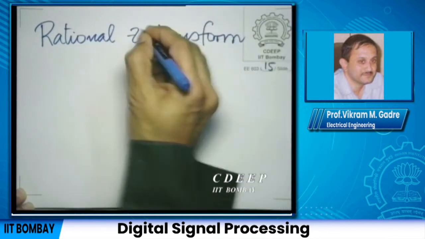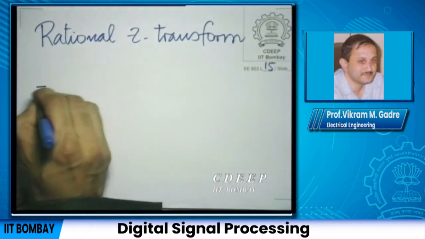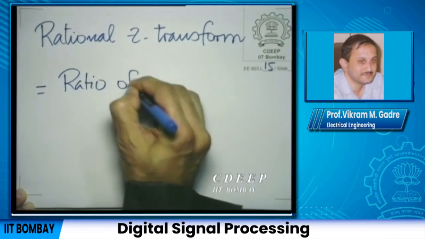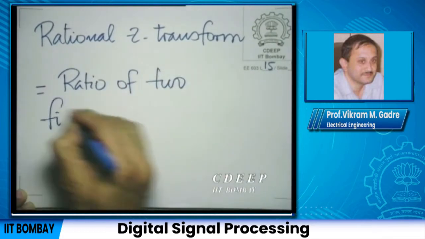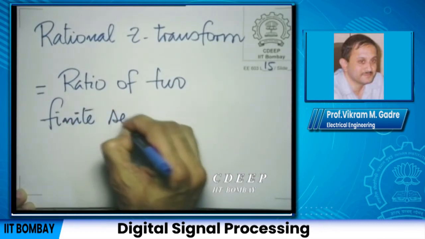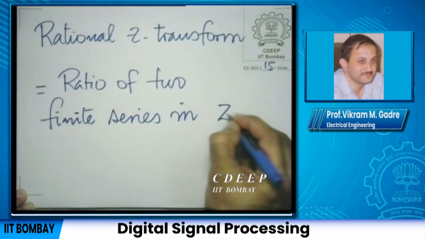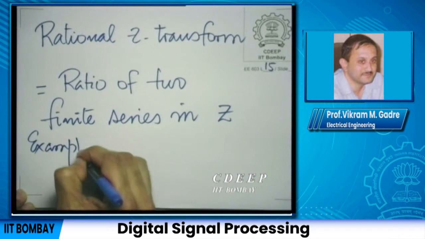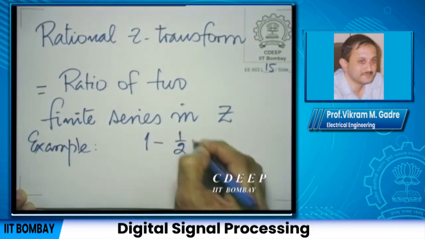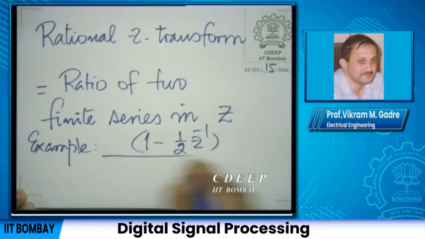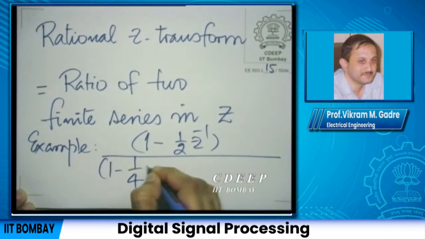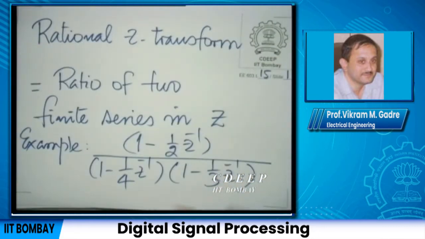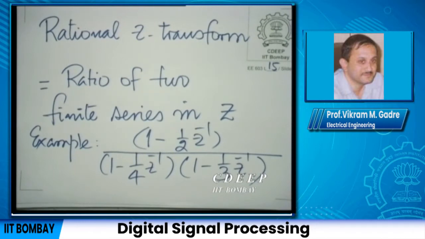The rational Z transform is a Z transform which is a ratio of two finite series in Z. And an example can be 1 minus half Z inverse divided by 1 minus 1/4 Z inverse, 1 minus 1/3 Z inverse. This is an example of a rational Z transform.